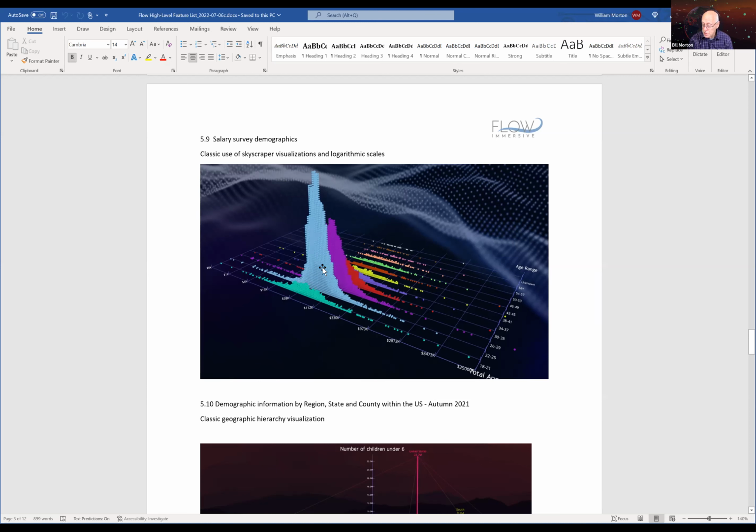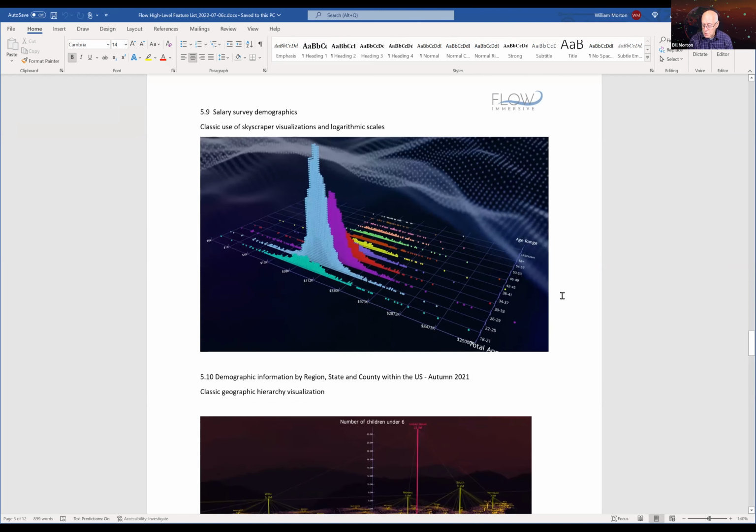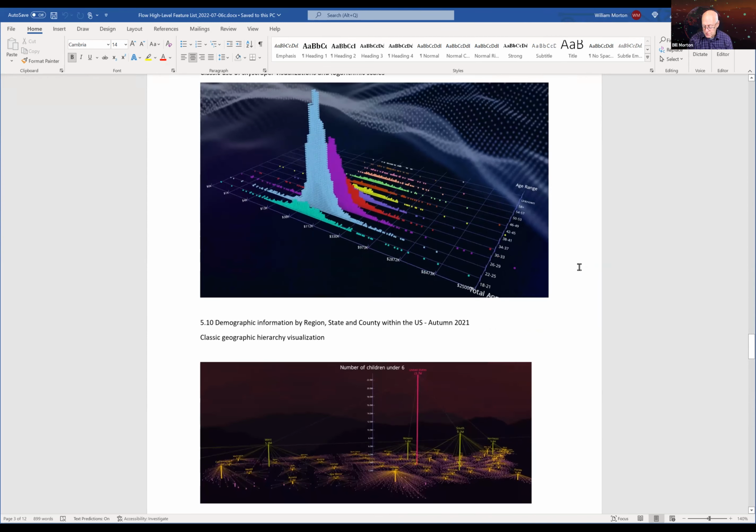Quite commonly used technique. It's fairly new, but it's gotten very good traction in our customer base. So this is a way of visualizing data that's diverging very wildly and has very large peaks and valleys.